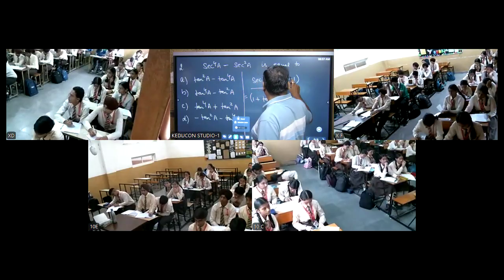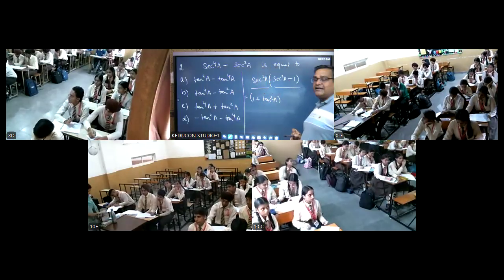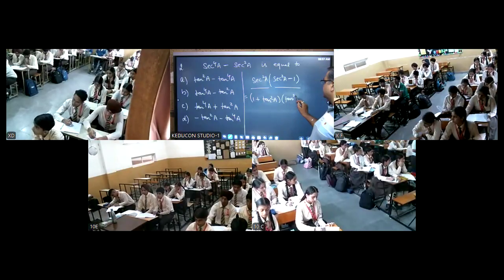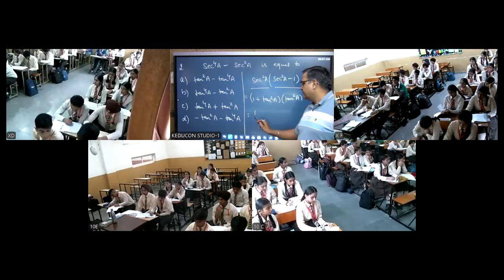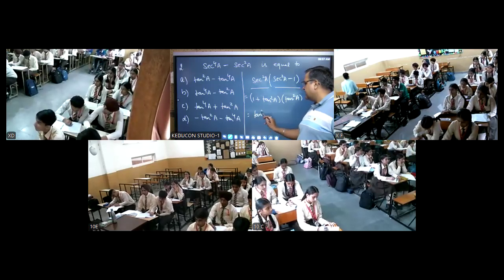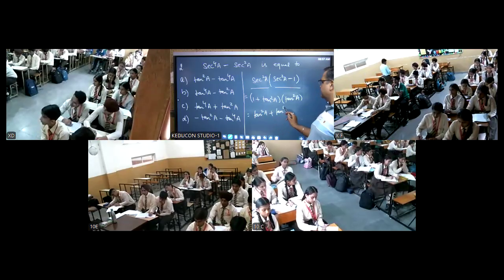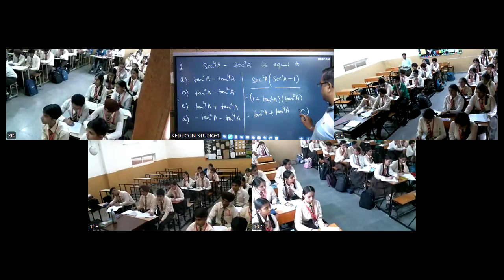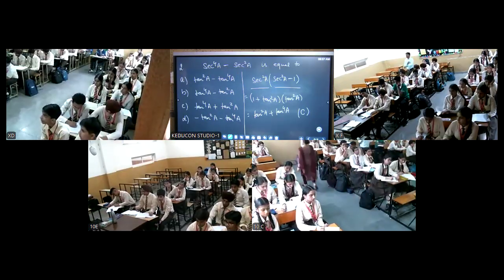Now this will also be minus because secant square A minus 1 is tan square A. Right? Now just multiply: tan square A plus. C option. Which option? C option. Clear, students? Any doubt?